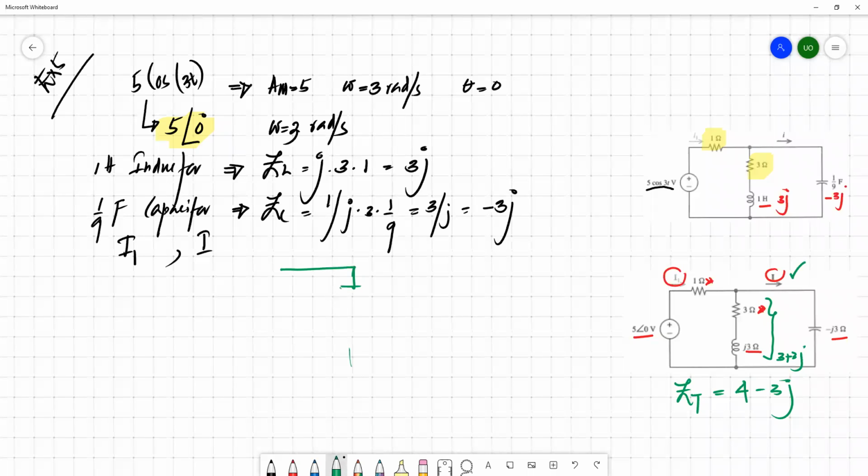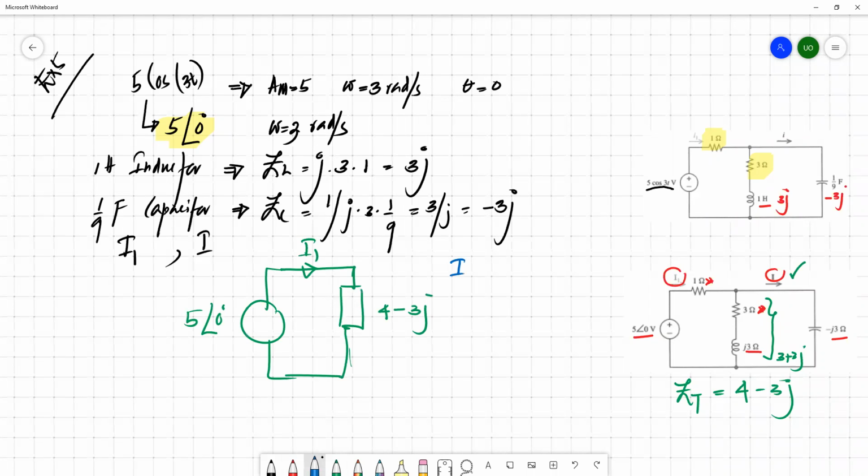So you have a kind of element having an impedance of 4 minus 3J and a source of 5 angle 0, and this is I1. So you can just apply Ohm's law.